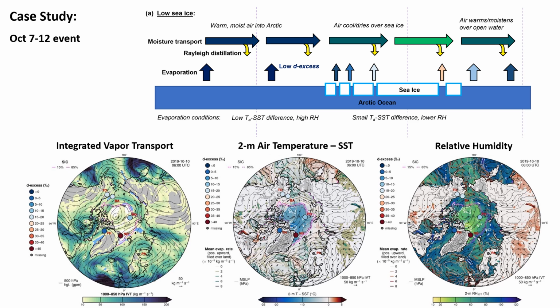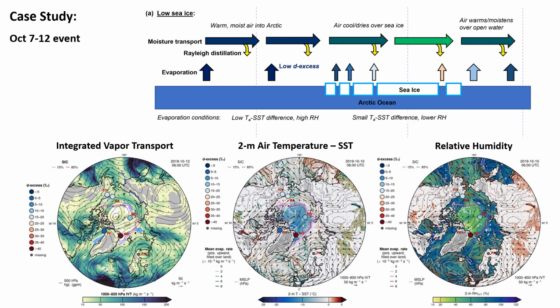We can put these maps into the context of our conceptual model. First, for the October event, where we are closer to the low sea ice scenario. On the bottom left is the same IVT map I shared on the previous slide, and I've now included the temperature difference between the 2-meter air and sea surface temperature, as well as the 2-meter relative humidity of the atmosphere in the bottom right.